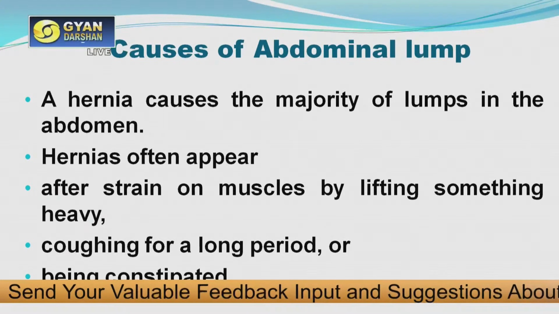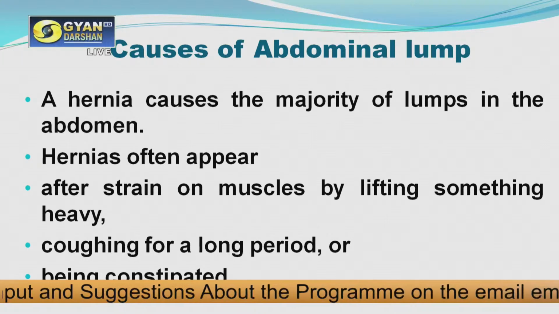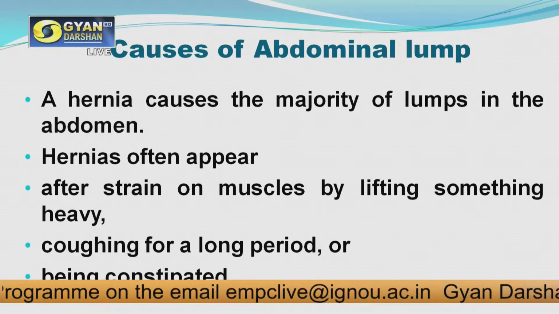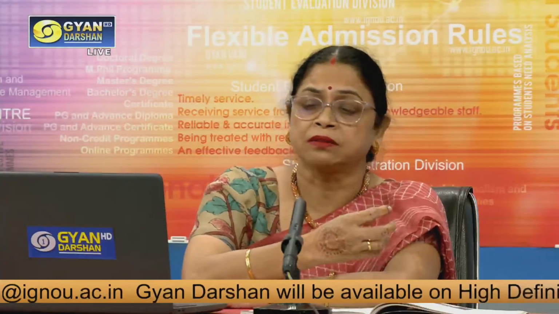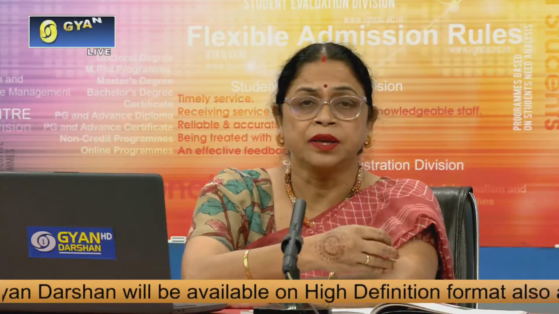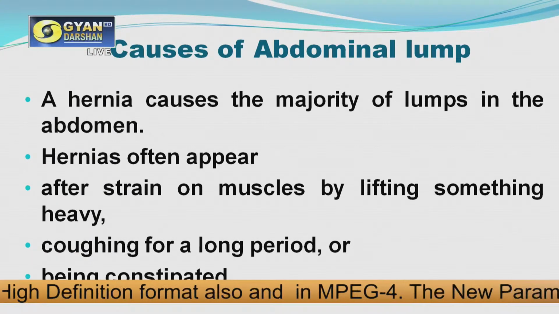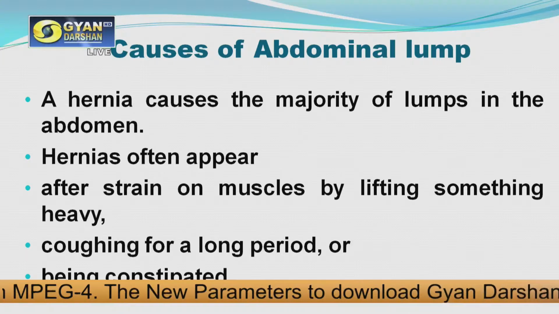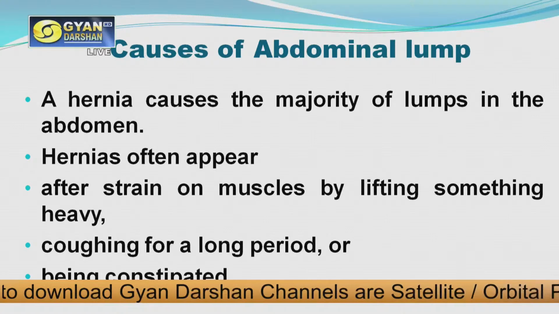So hernia causes many kinds of lumps in the abdomen, and hernia appears after some kind of strain or pressure on the muscles, like a history of lifting something very heavy, or the patient coughing for a longer time, and coughing has put so much pressure on certain organs that it has got a bulge, and if that is the bulging, it is called hernia.